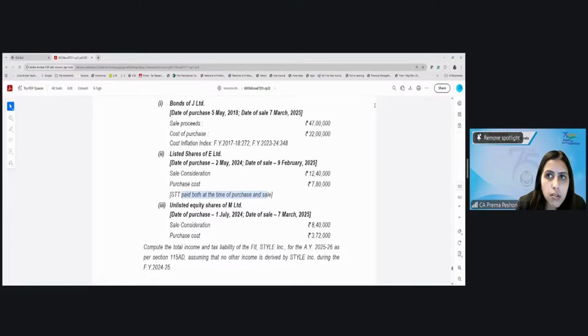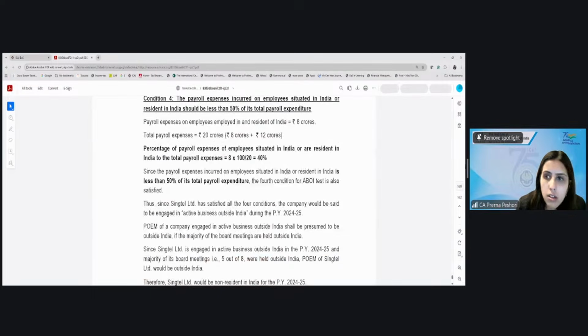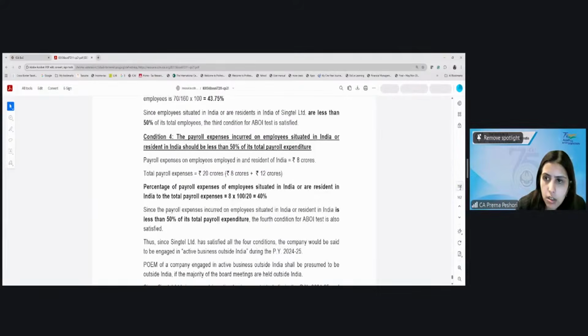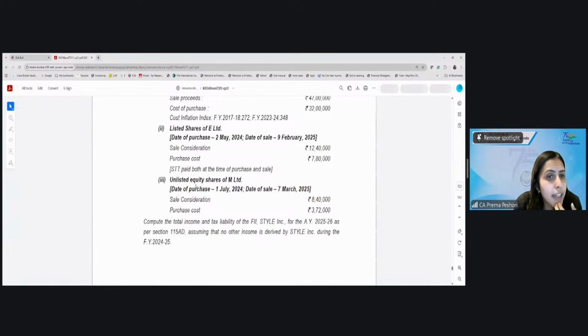Unlisted equity share of M Limited, date of purchase 1st July, date of sale 7th March, sale consideration 840 and purchase cost 372. Again, it is a short-term capital gain, less than 12 months. This is unlisted. So what will be the tax rate? 30%. Very good. So on this capital gain, there will be 30%.